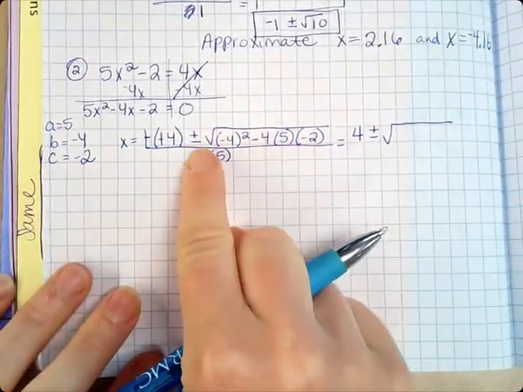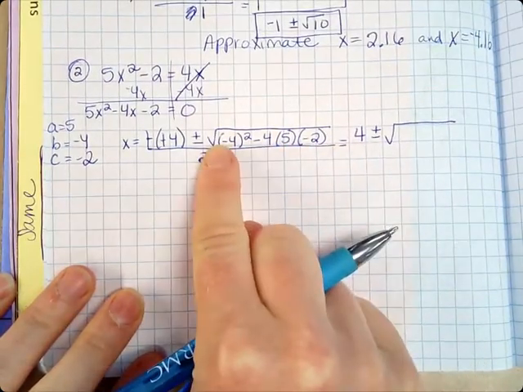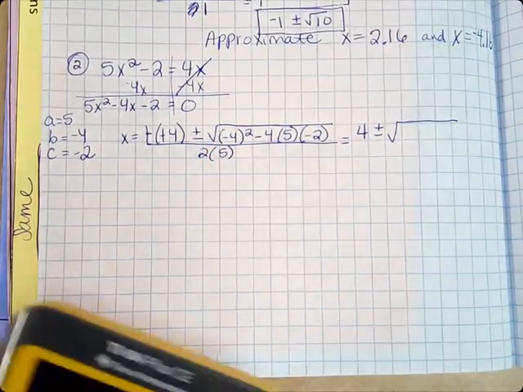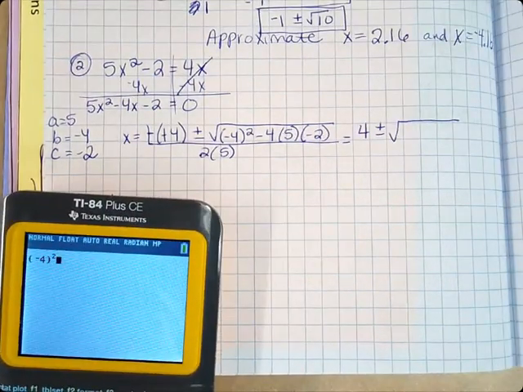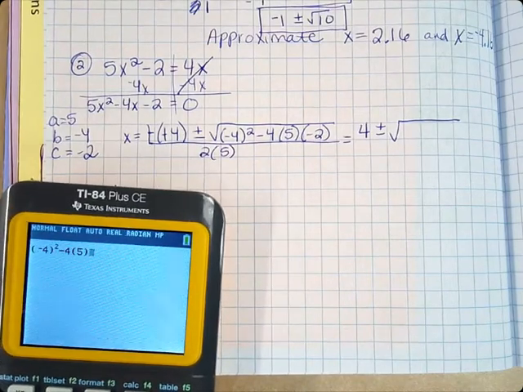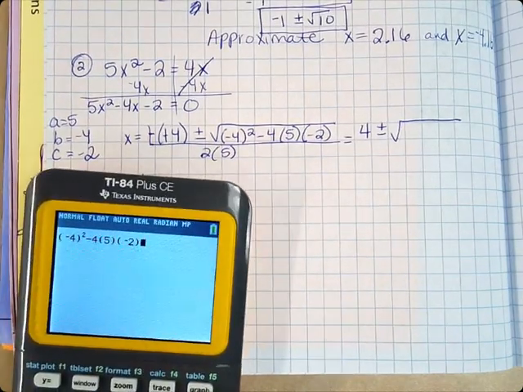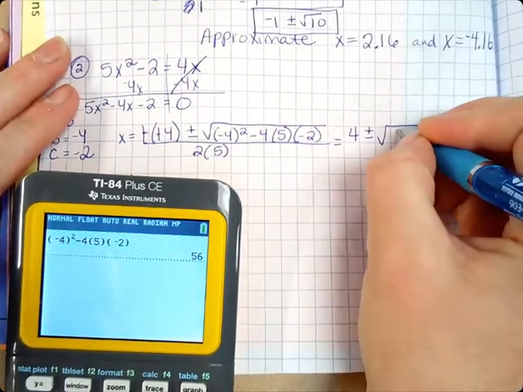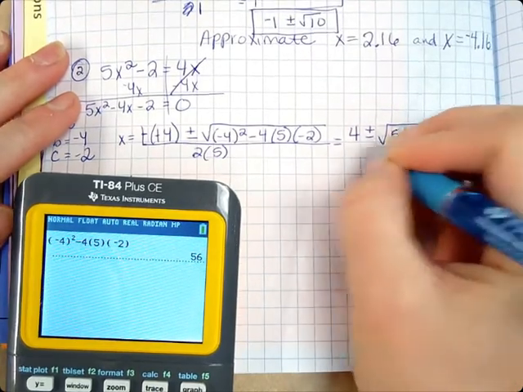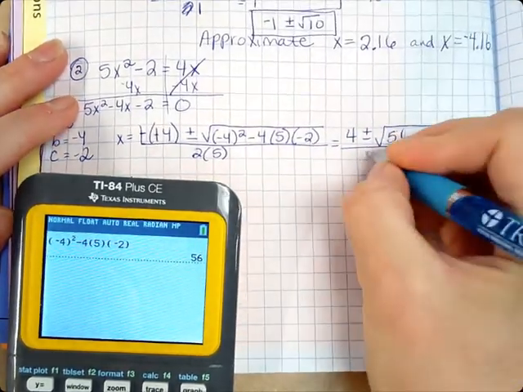Go ahead and put this in your calculator. Make sure you put the negative 4 in parentheses. 56 over 2a, so over 10.